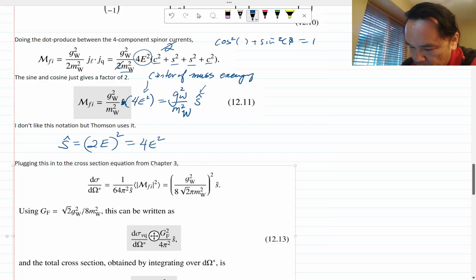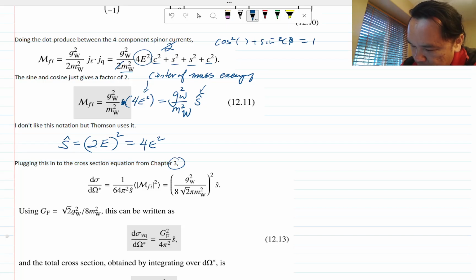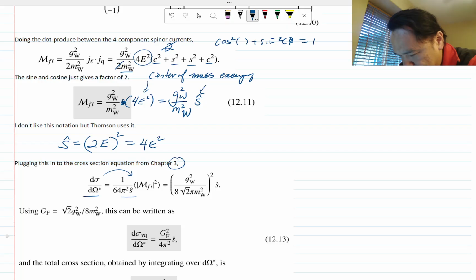Okay, and if we go back to chapter 3 now, seems like we're always using chapter 3 and 4 stuff, right? We plug this into our cross-section. So since this is a scattering event, we plug it into the differential cross-section for scattering.